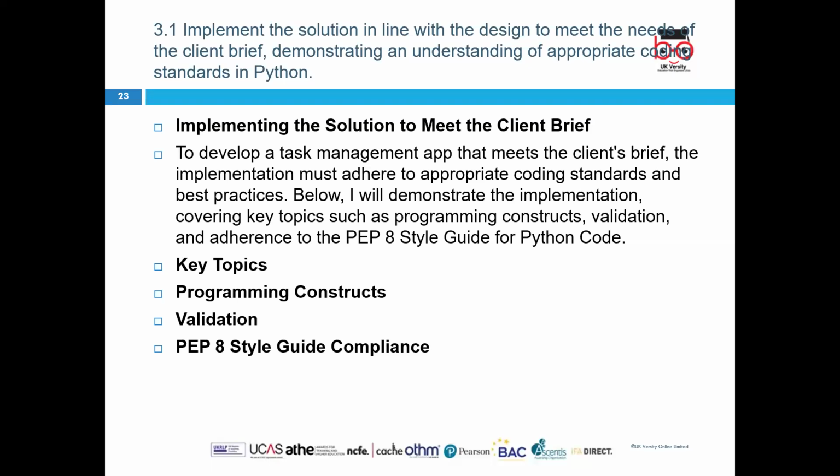And below we will demonstrate the implementation covering the key topics such as programming constructs, validation, and so on. So the key topics are programming constructs, validation, and PEP 8 style guide compliance.